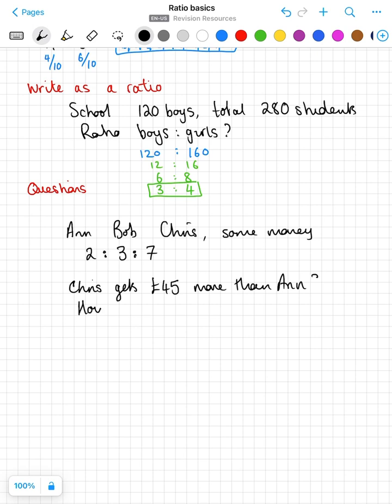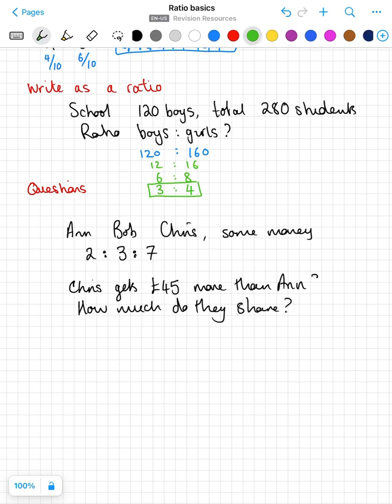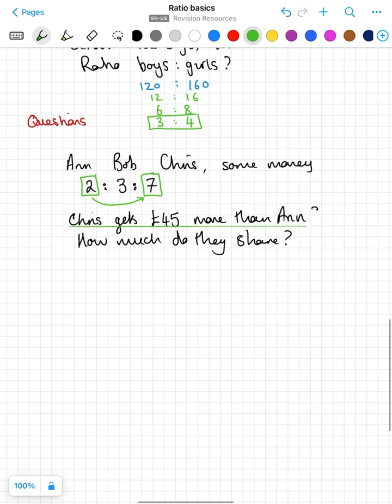How much money do they share? So we have to read this carefully. Anne has 2 parts, Chris has 7 parts. So Chris, in our ratio sense, has 5 parts more than Anne.